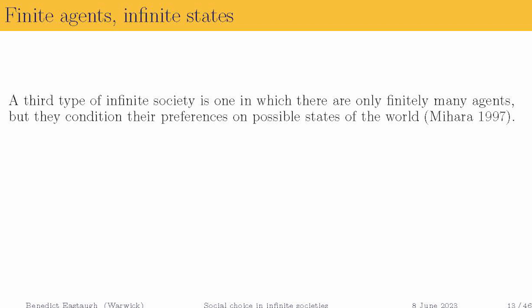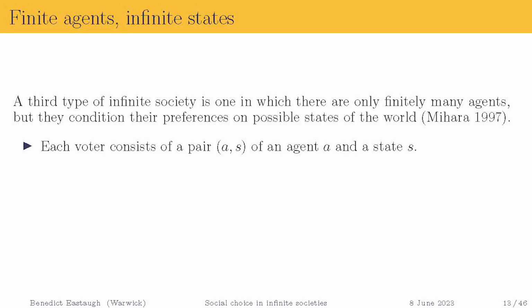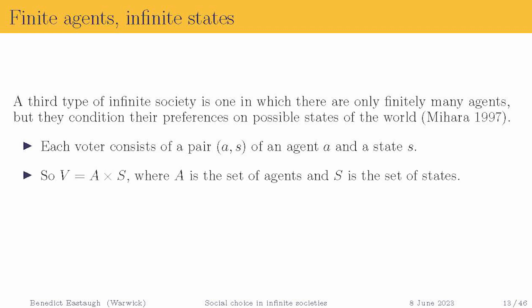But if things are like that, then my preferences are like this. And then it's easy to get infinitely many, quote unquote, voters. So each voter consists of a pair of an agent and a state. And when the set of states is infinite, so will be the set of voters. Okay, so that's three types of infinite society that might be of interest, either for modeling or for more normative purposes.